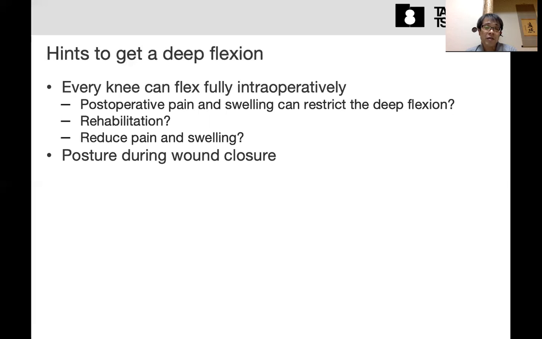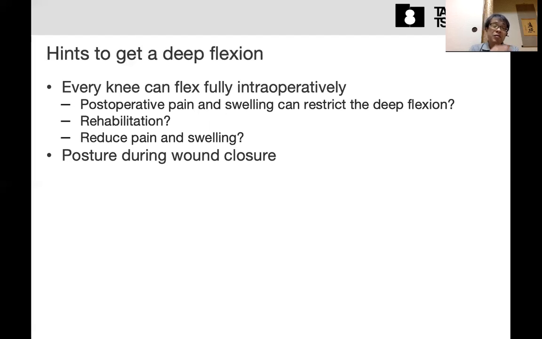And the posture of the wound closure. Classically, the knee flexion angle during the suture can influence the postoperative flexion angle. So the study recommends to have the suture in a deeper flexion angle.